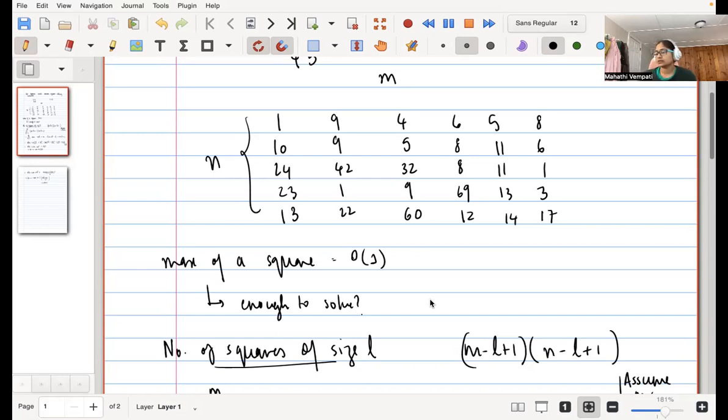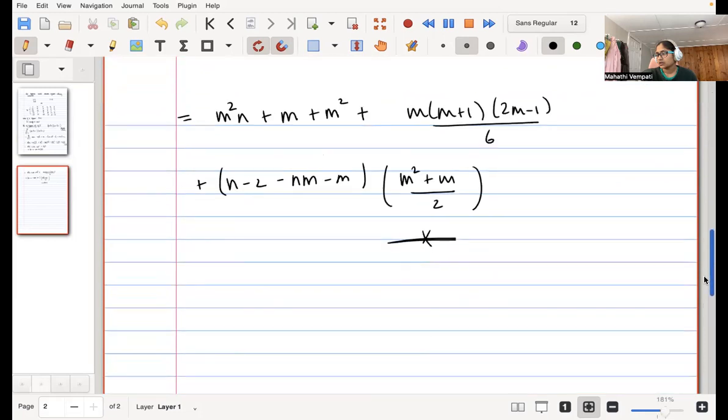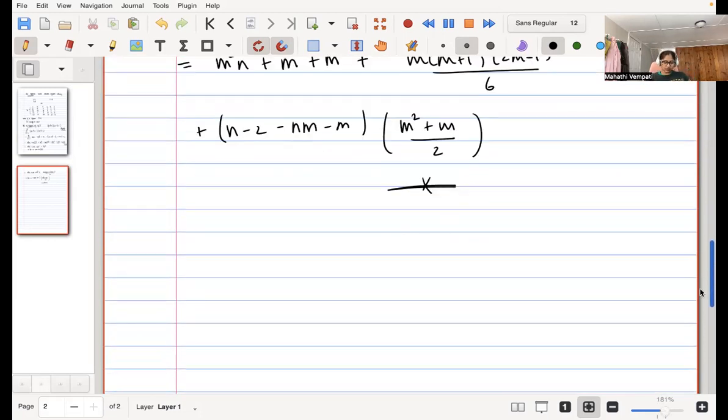How am I even thinking? Let's try to be systematic. So first I tried to compute the total number of squares. I left that midway because I think that things won't cancel out, and I'll be left with some m cubed term.